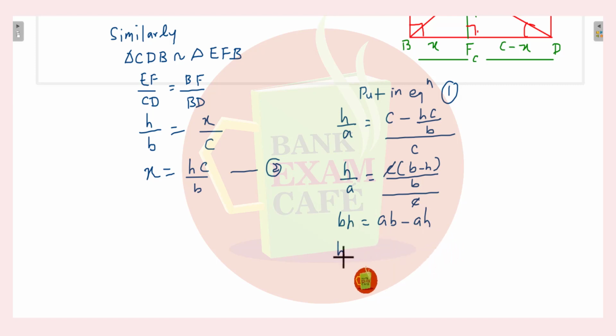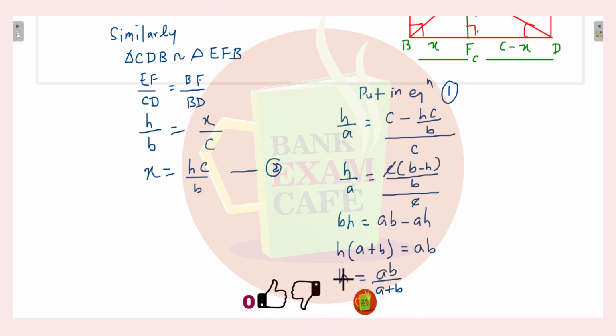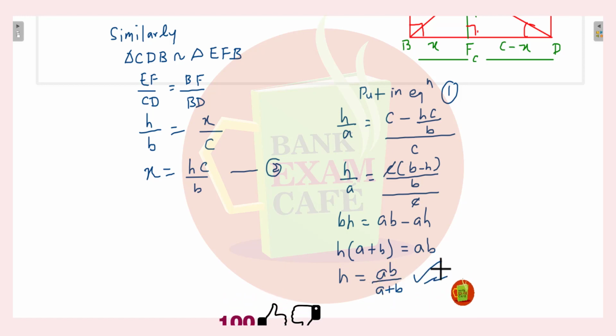Take out H as a common factor because we have to find the value of H. So if you take H as a common factor, you will get A plus B. You have taken this out, and AB will be left here. Now take A plus B to this side, so H is equal to AB upon A plus B. And here we have proved that H is equal to AB upon A plus B.